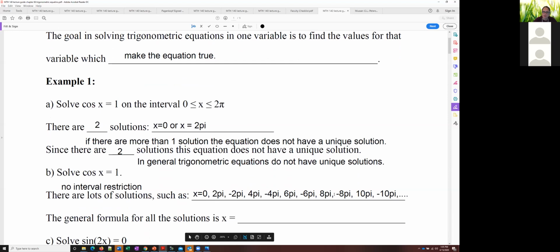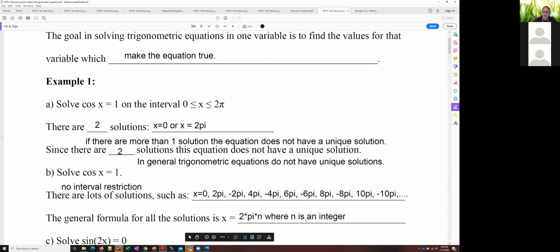So when we have a situation like this, it's going to be helpful if we can just write down a general formula. So I notice that basically what I've got is multiples of 2 pi. So I could write that as 2 times pi times n, where n is an integer. Right?